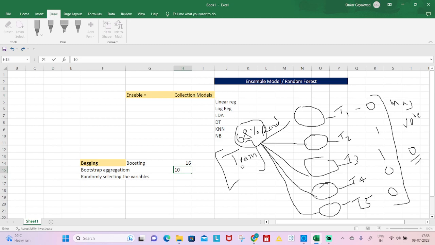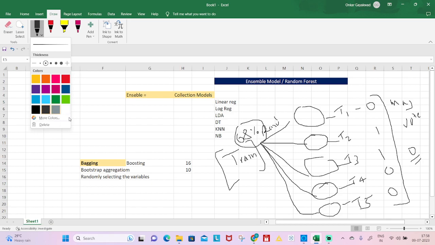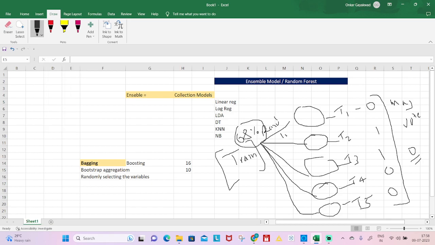So along with 68% random observations, it will allot 10 variables randomly to each tree. And again, each tree will give me some output, and my final prediction for that observation will be the majority vote.